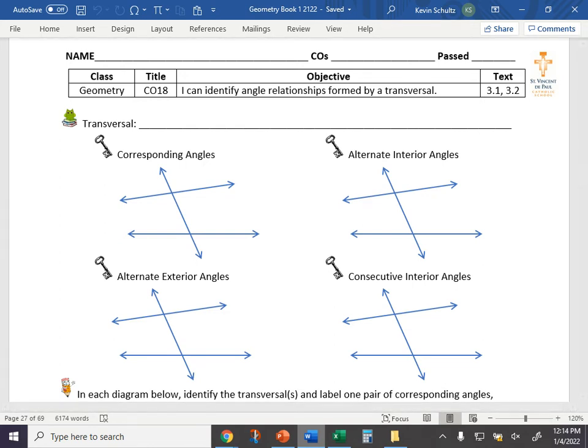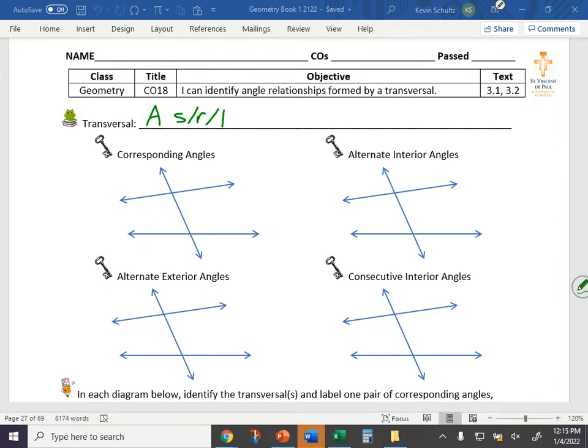We are going over CO18, identifying angle relationships formed by a transversal, which is our first definition, and only definition, I think, on this page, other than some key points. But a transversal is a... who remembers what SRL is short for? Segment, ray, line.